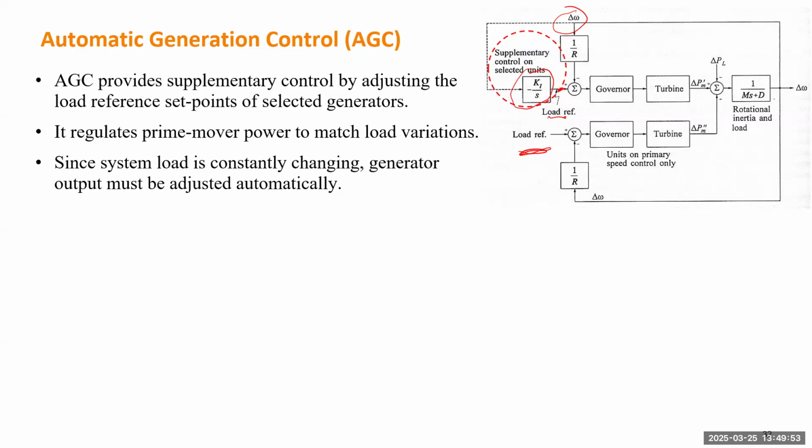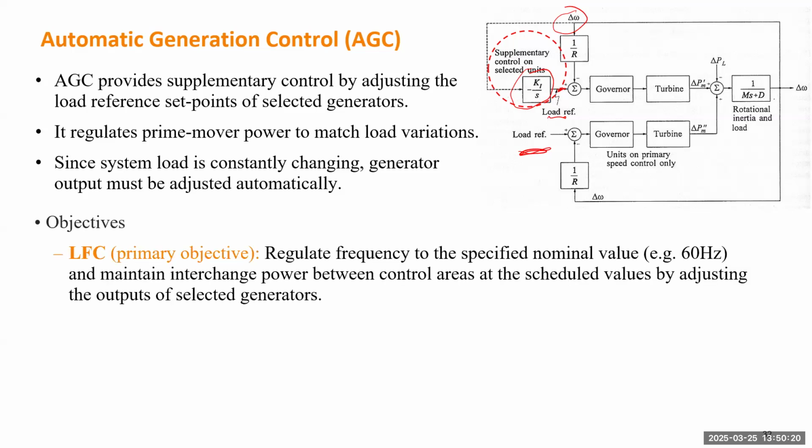Because the system load can change all the time, the generator output must be adjusted automatically. This doesn't need any operation by a human. You just put a selected unit into the automatic generation control, feed in the frequency deviation signal, and it will gradually change the output of the unit and finally bring the frequency back.